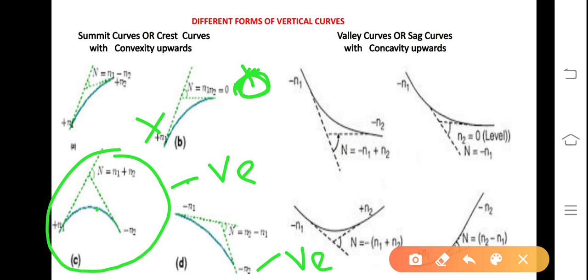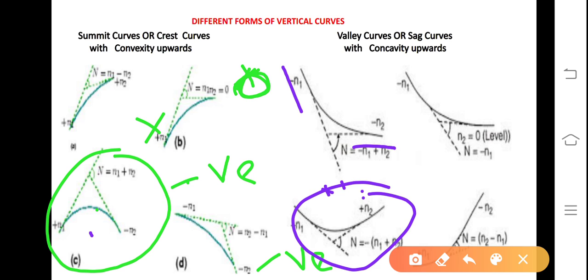Similarly, in case of valley curve, negative gradient meeting with another negative gradient, therefore N is equal to n1 plus n2. Here, second case, third case, fourth case. So similar to this is this. That's why here also case C, the maximum deviation angle N is equal to n1 plus n2, because minus n1 plus n2, minus of minus, minus of plus, minus.